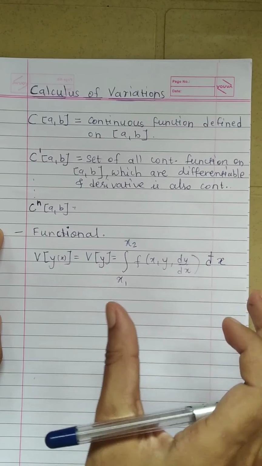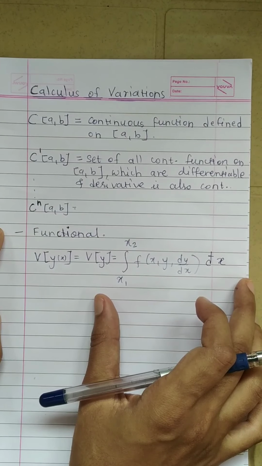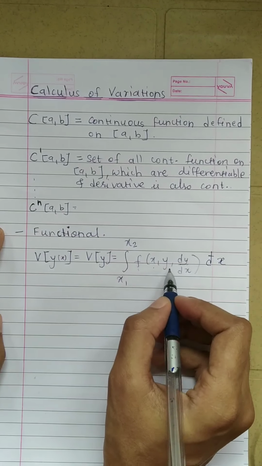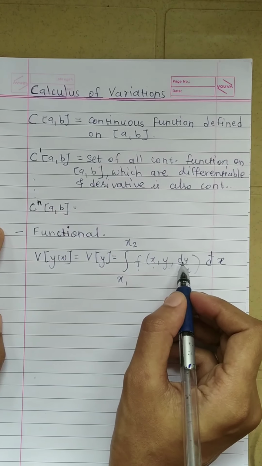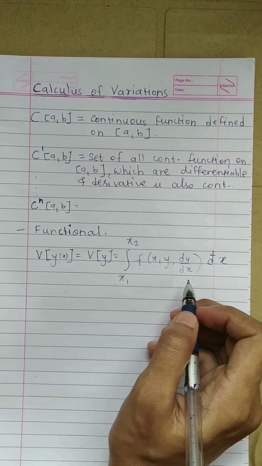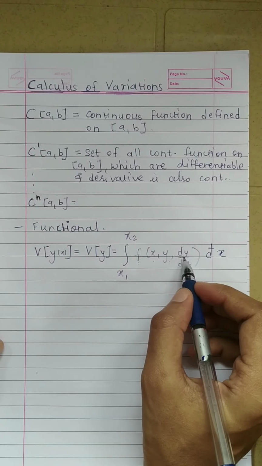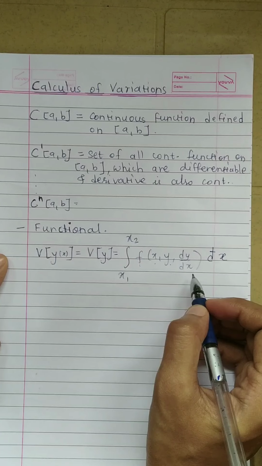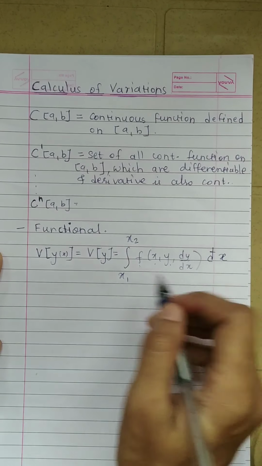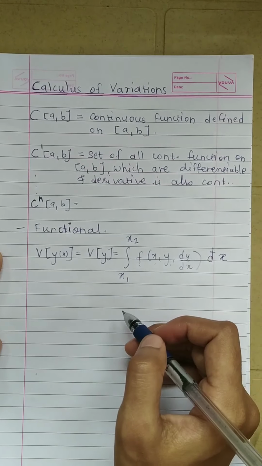Okay, now when will this quantity be well defined? This will be well defined if this f is a function of x, y and y', that is dy/dx, and this y is a function of x, and when we integrate it from x1 to x2 we have a definite numerical value.